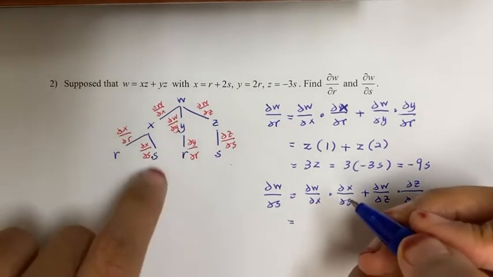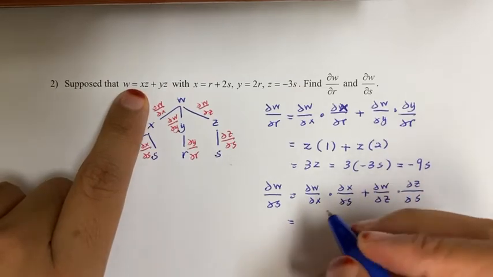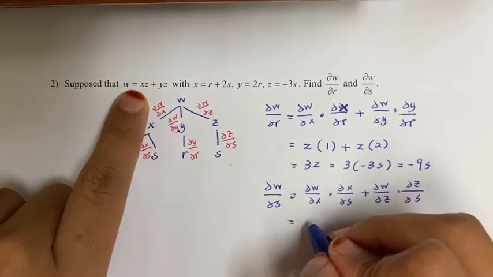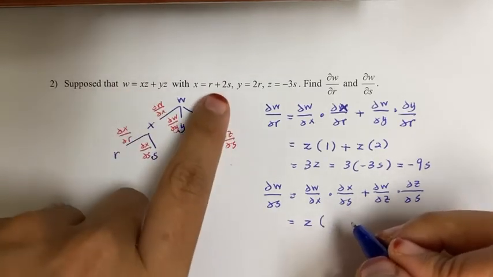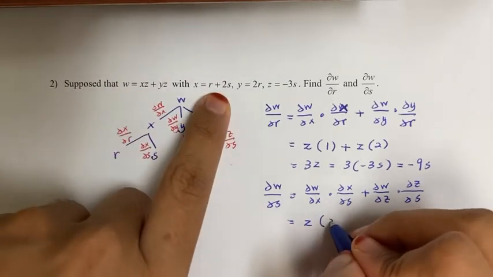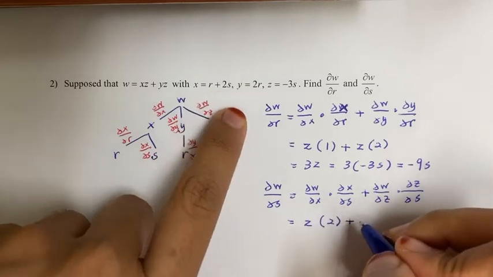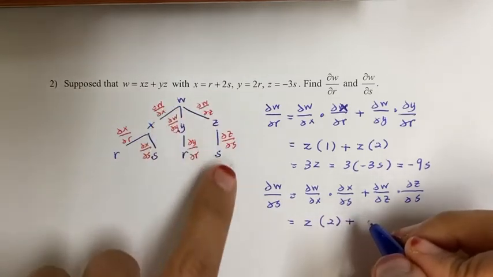So this is equal to del W over del X is Z multiplied by del X over del S. So this is 2 plus del W over del Z.